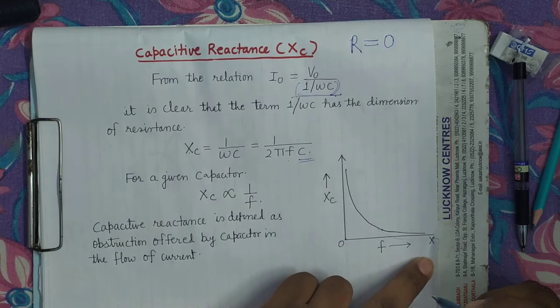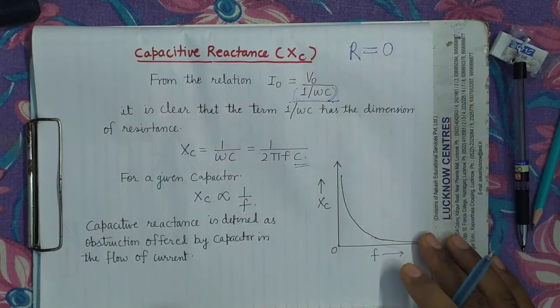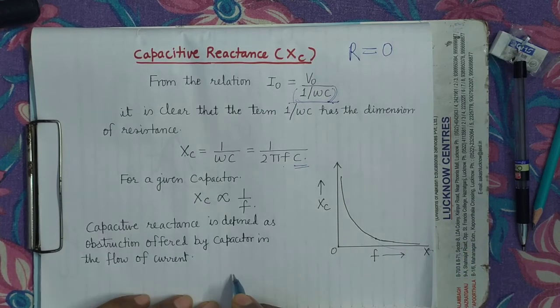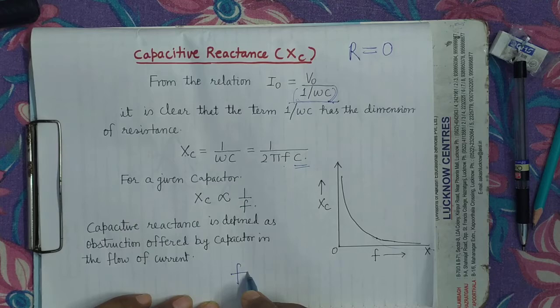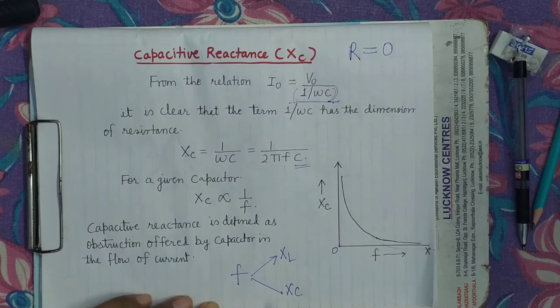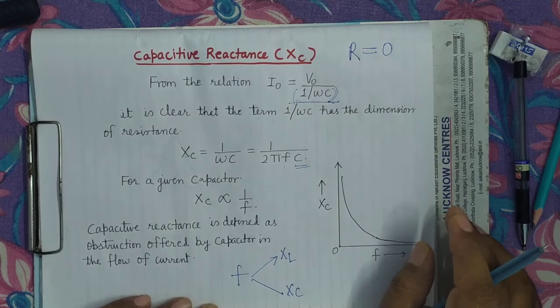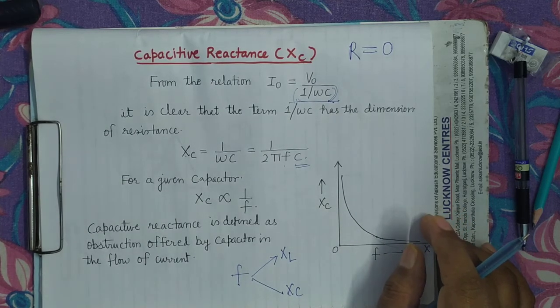Means as frequency increases, capacitive reactance decreases. While the inductive reactance XL is increasing, as you can notice here. When f is increasing, XL will increase, but XC will decrease. It is clear? So, this is the capacitive reactance.